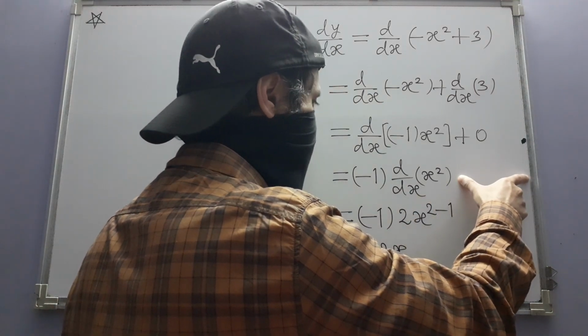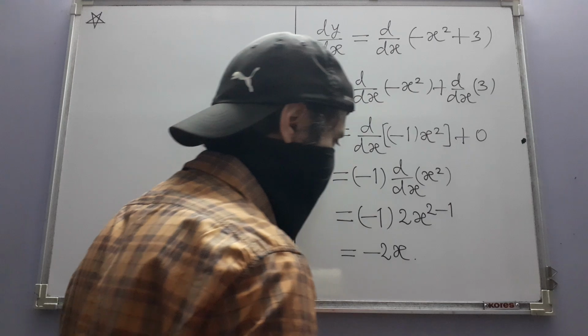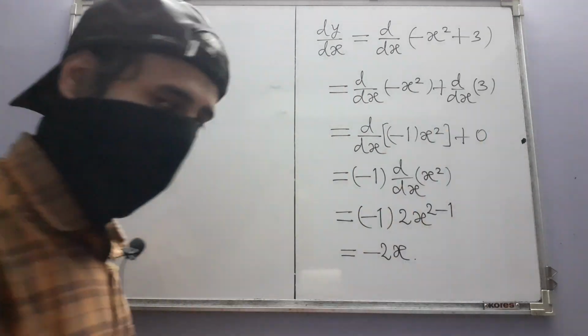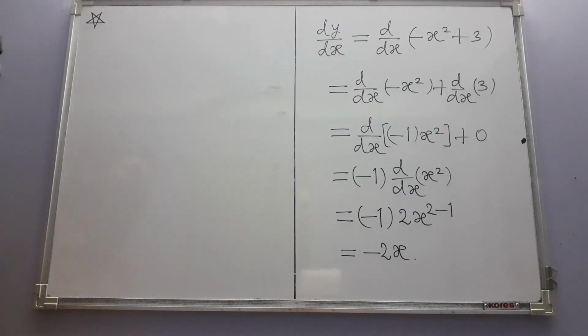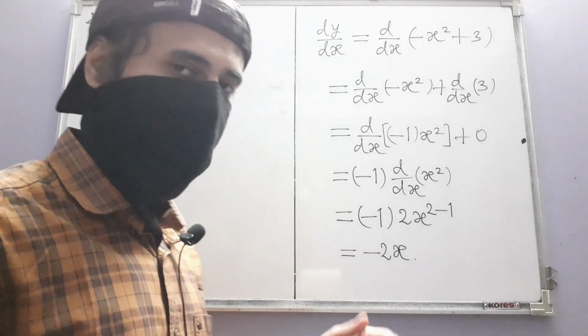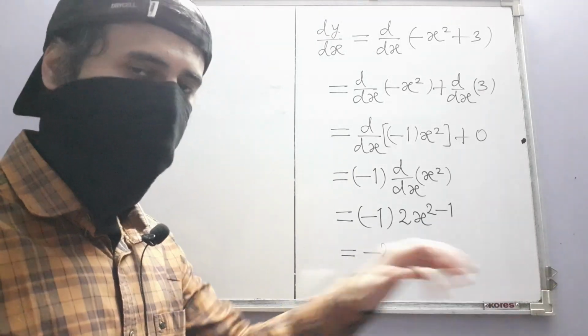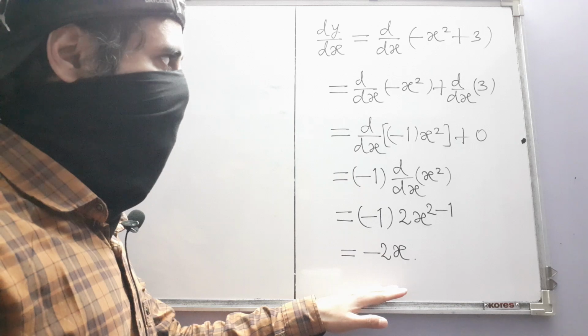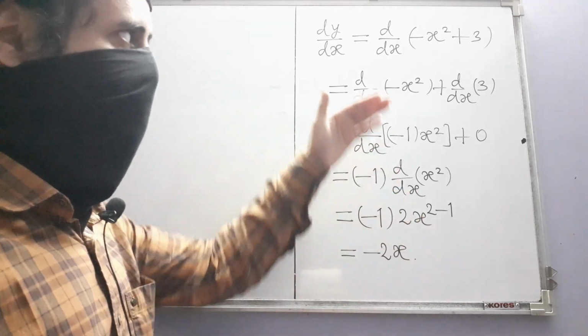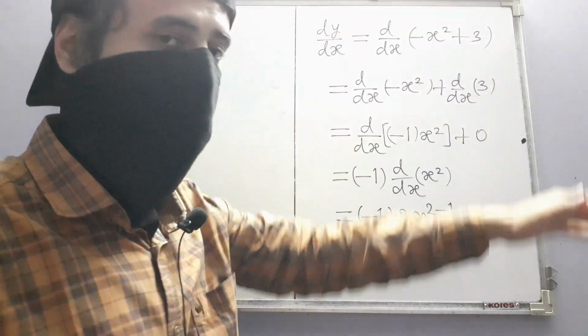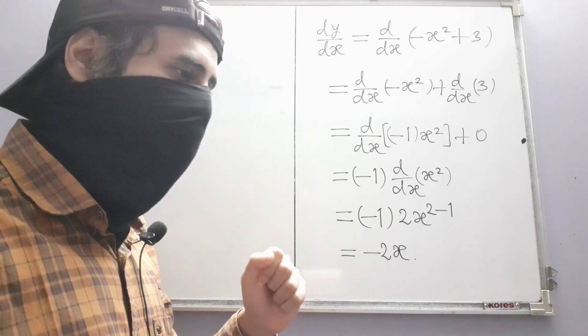Beside this step you can write by the constant multiple rule, then by the power rule, like that. Okay. So that later when you see your notes, if you are maintaining some kind of notebook where you are keeping some solutions, then you will better understand it when you see which rules have been used again and again.